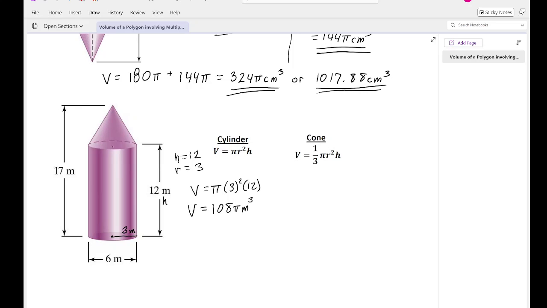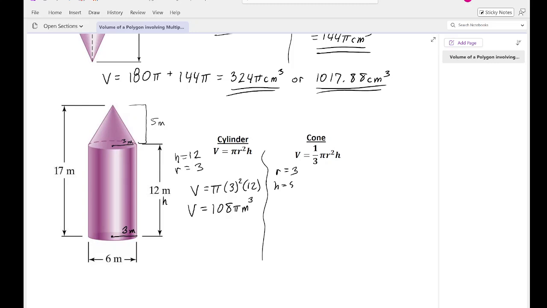Cone, well again I can see that if this is 3 meters down here for the radius, it's also 3 meters up here. And the height is going to be the difference between 12 and 17. So this is actually going to be 5 meters. Keep it consistent. So the radius is again 3.